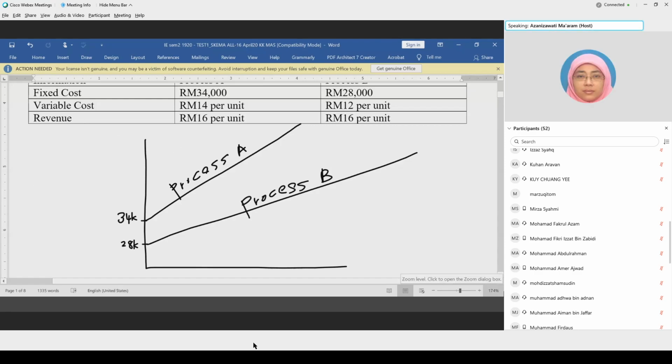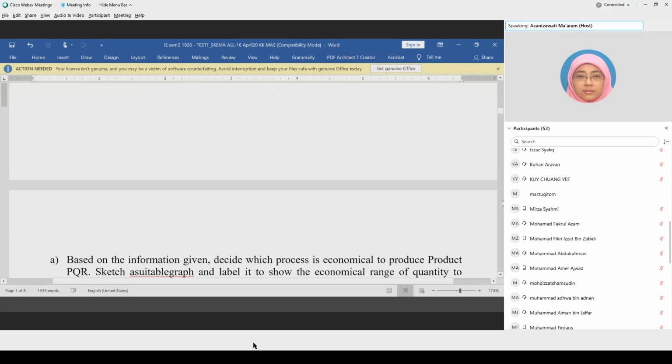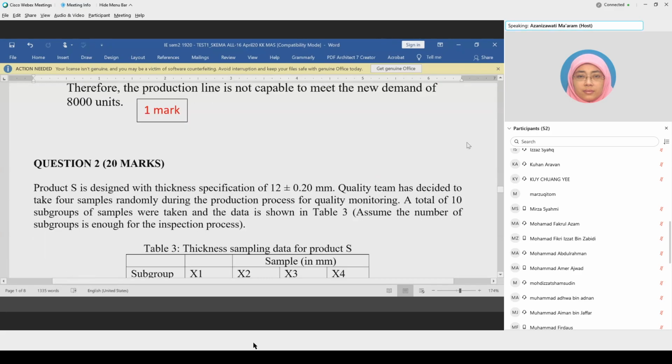Revenue is here, starting from 0. Because revenue is 16, the slope should be sharper. Then we will see the question.